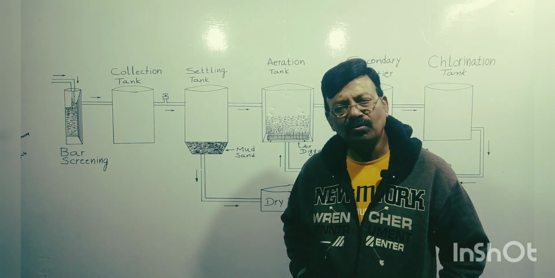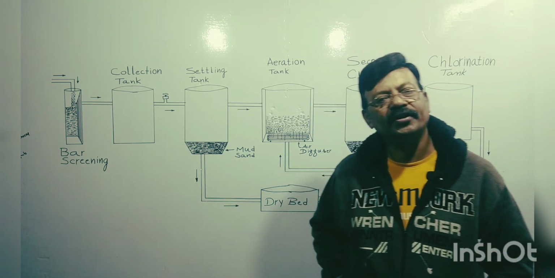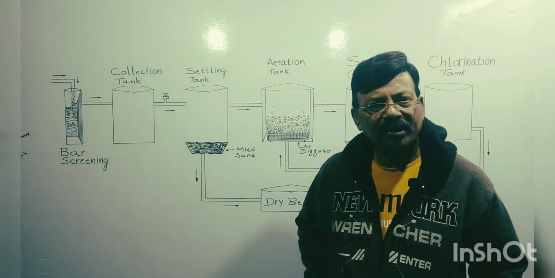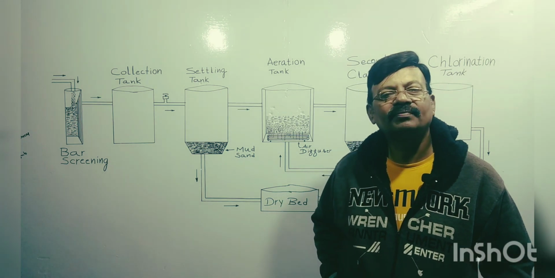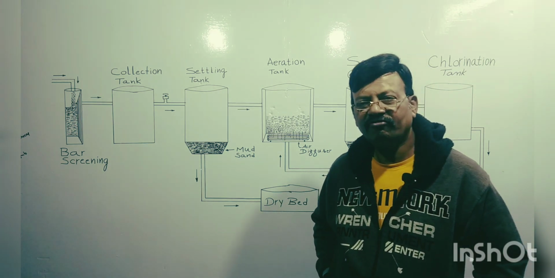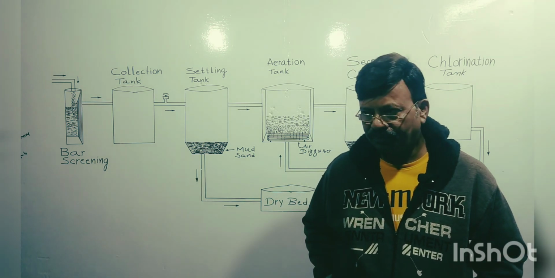But how to remove organic matter from the wastewater? What do you mean by organic matter? Organic matter is nothing but human waste, like urine, feces and menses.